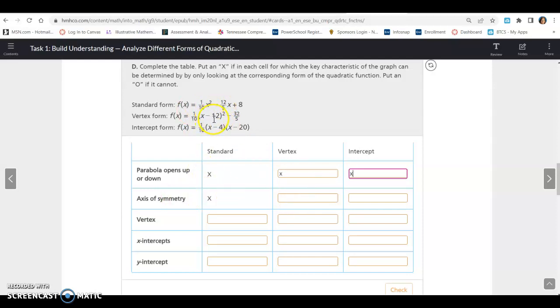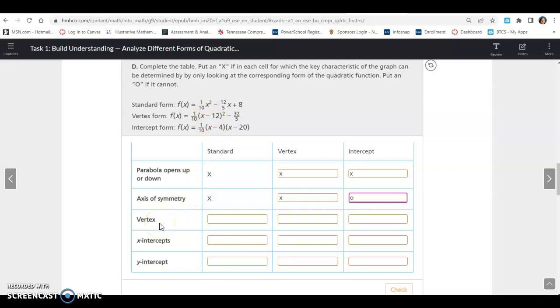So the axis of symmetry goes through your vertex, so it's going to go through 12 and negative 32 over 5, so that one would be an X here. And then in intercept form, can you easily see the axis of symmetry? And that one would be no, you cannot easily see. You can see the x-intercepts, but not the vertex from there.